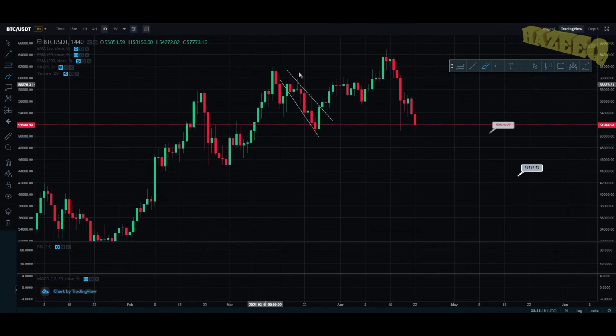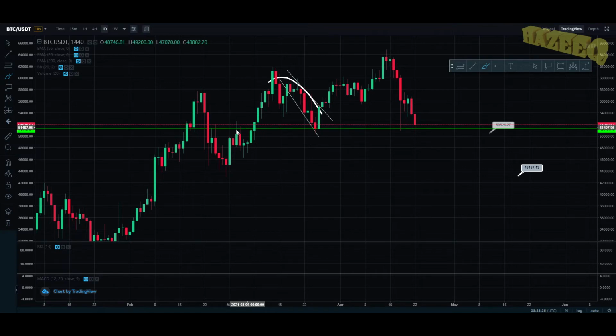And as you can see, once we fell down over here, this was the previous swing high. So you could have targeted that, for example, and you had that support level and you're somewhere around here. And you're going like, well, I want to buy Bitcoin, but I don't want to buy in now because it is at a peak price and I want to get in at a lower price.